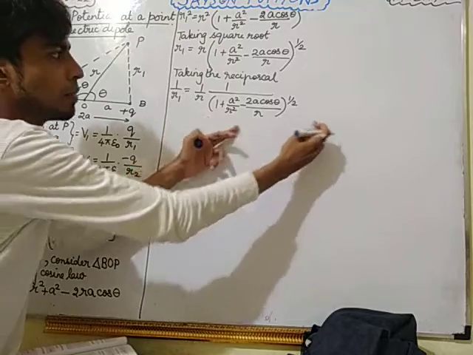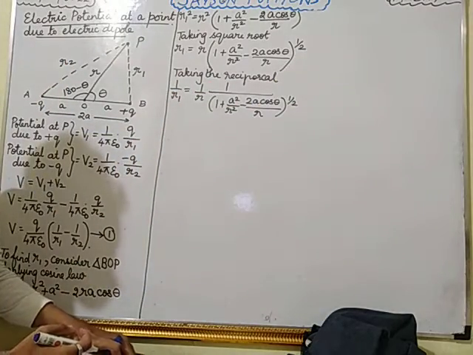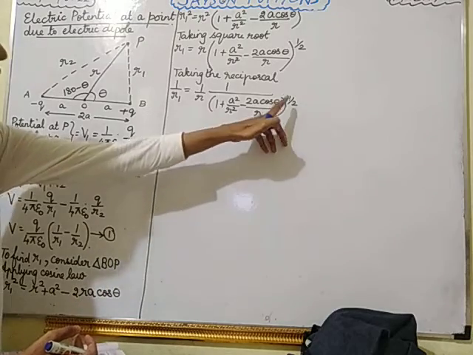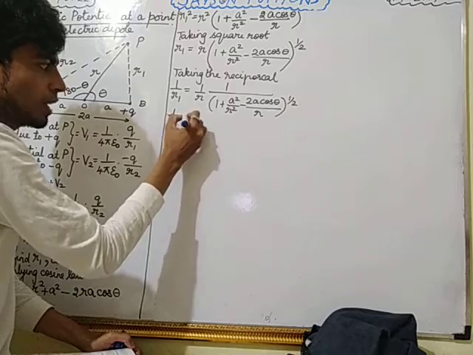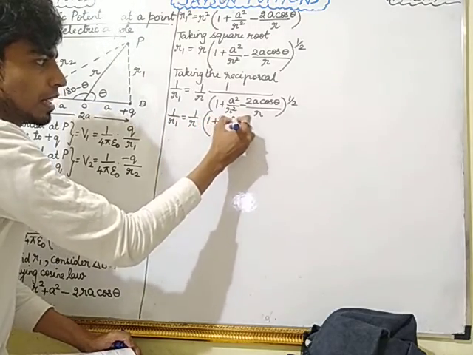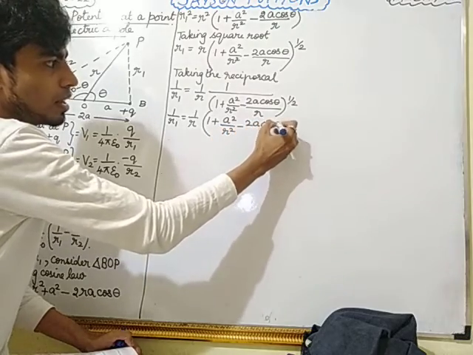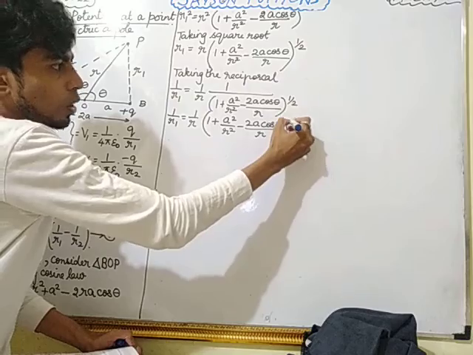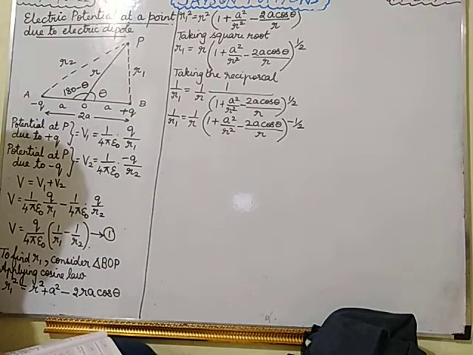If this term comes to the numerator, the power plus half will become minus half. So I will get 1 by R1 is equal to 1 by R into 1 plus A square by R square minus 2A cos theta by R, the whole power minus half.